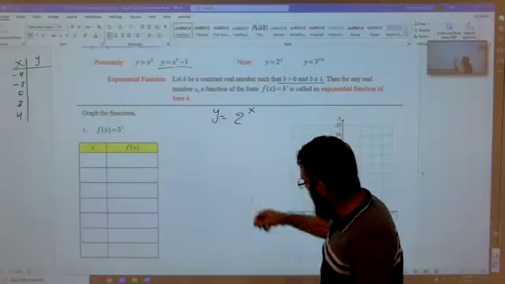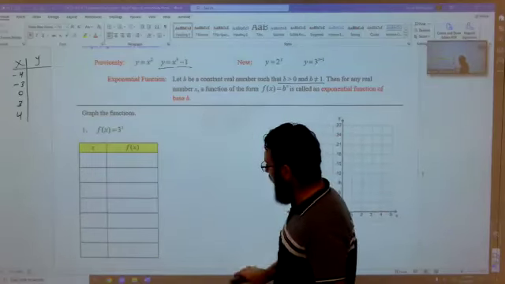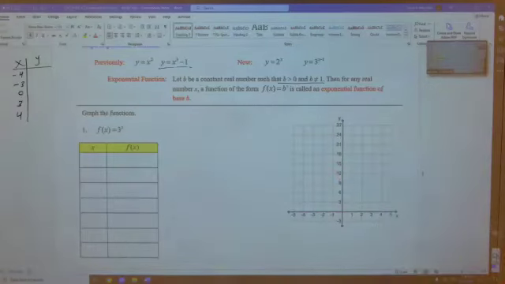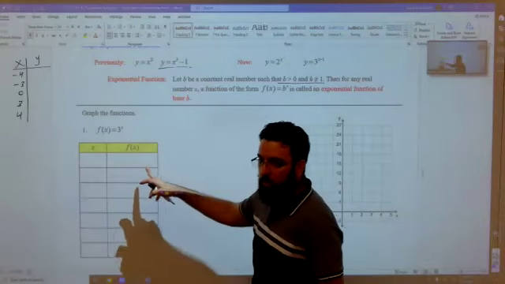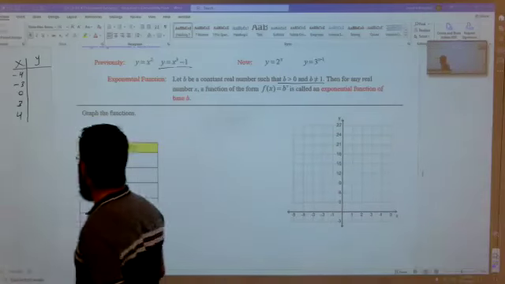Now let's see this example. How are we going to graph it? We have the table, x, and we need to find y. The same thing: I'm going to choose numbers for x.